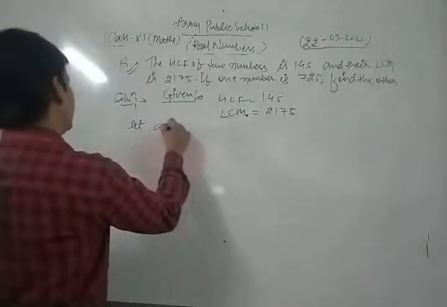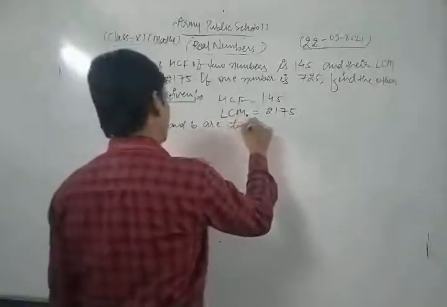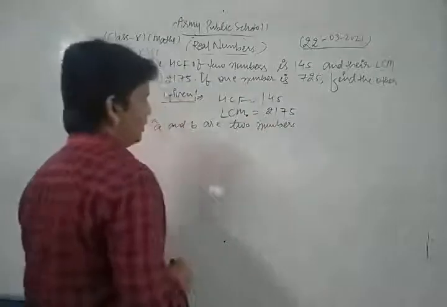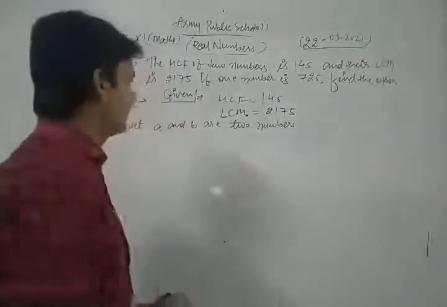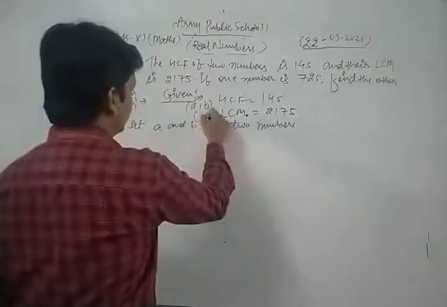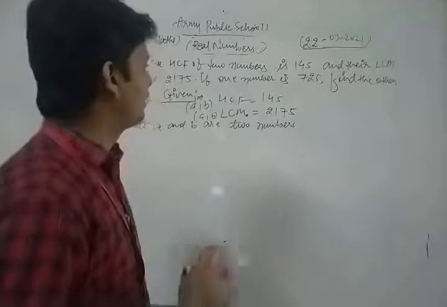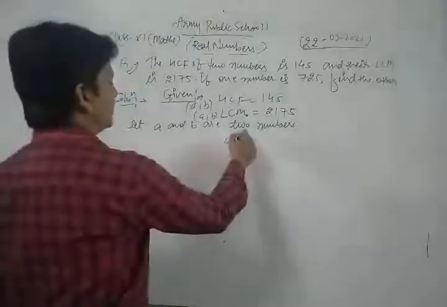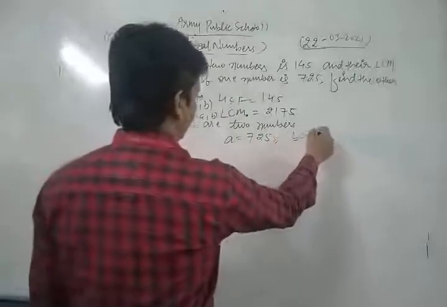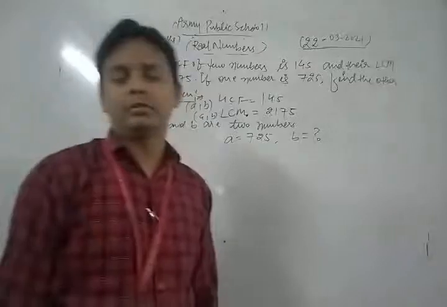Let A and B be the two numbers. The HCF of A and B is 145, and the LCM of A and B is 2175. One number is given, so let A be 725, and we find the other one, the second number B.